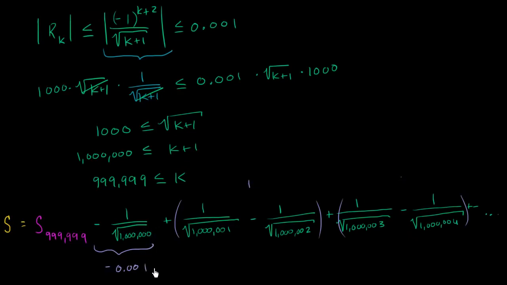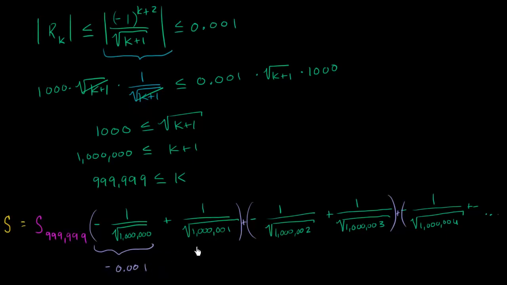And the way that we can do that is to just look at the parentheses in a different way. If we do it this way, this right over here is going to be a negative value, and we can just keep going, plus that, plus that. And so we're going to have a bunch of negative values together. So just by looking at the parentheses a little bit differently, we're able to say this remainder is definitely going to be a negative value, but it can't be any more negative than our first term.